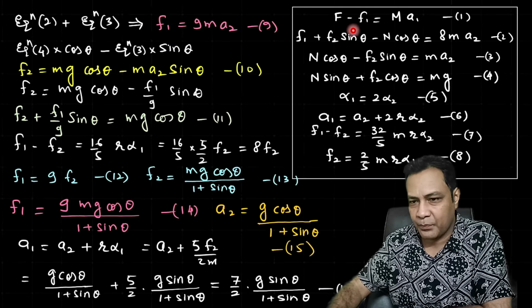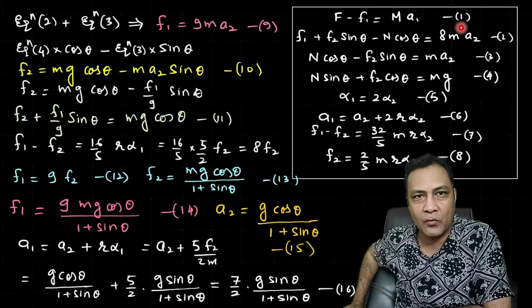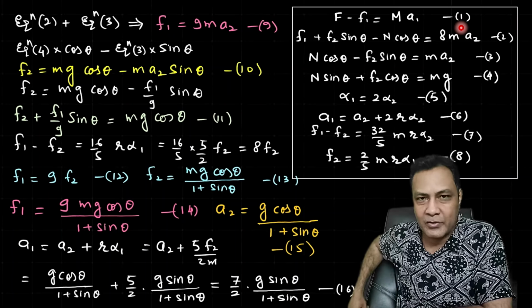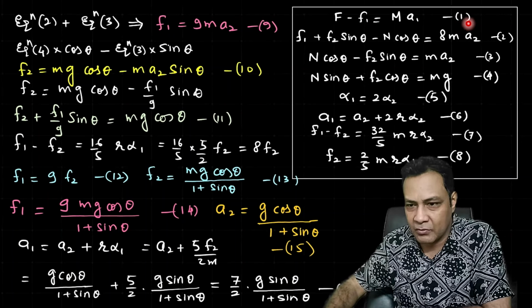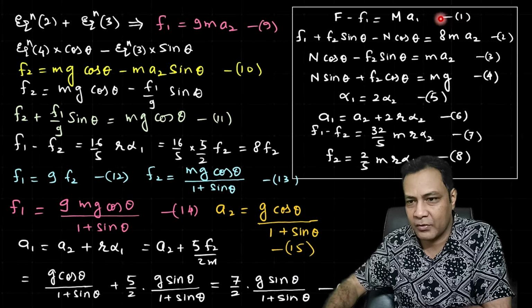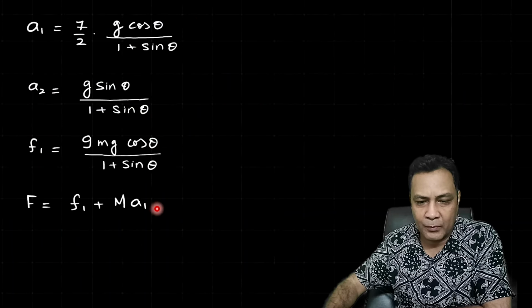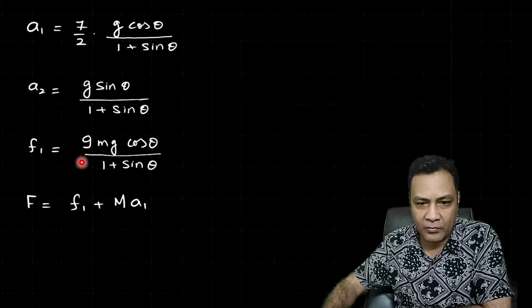Use this equation. F minus F1 is equal to MA1. We have to find what is the required force to pull the cart so that the line joining the centers always remains horizontal. So using this equation 1, F is equal to F1 plus MA1. Write the value of F1 here and A1 here.